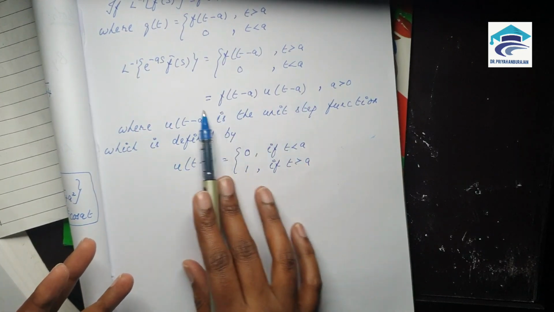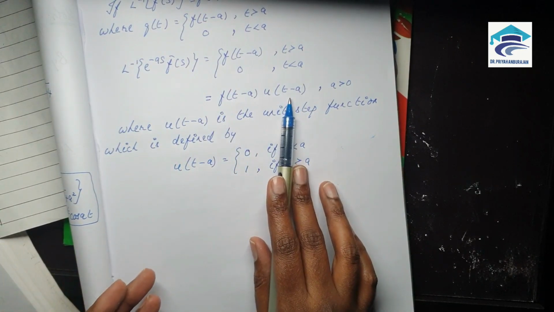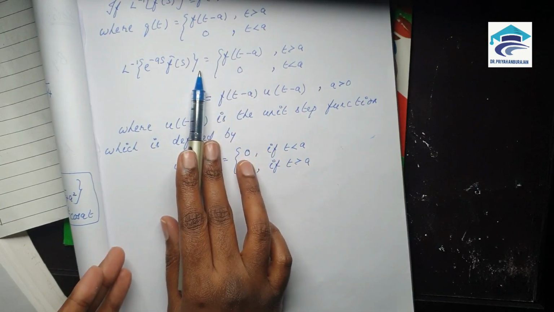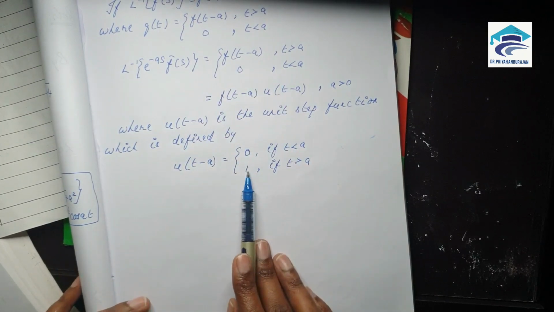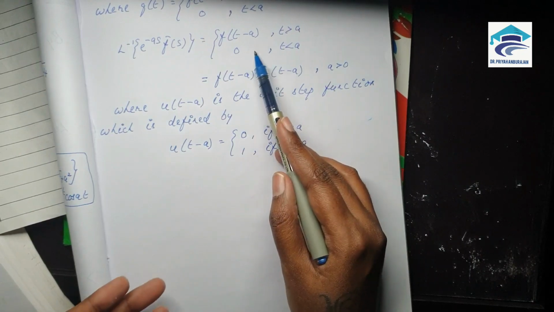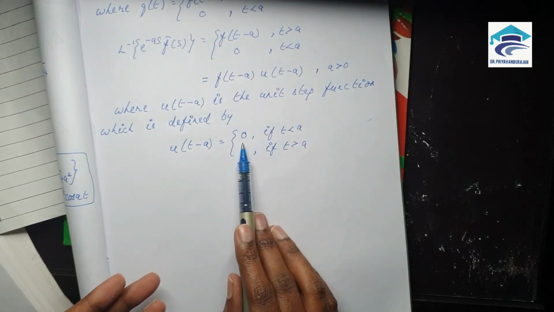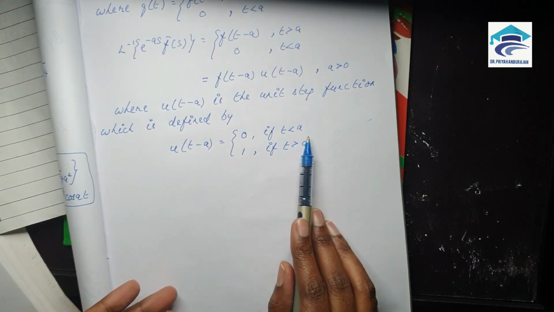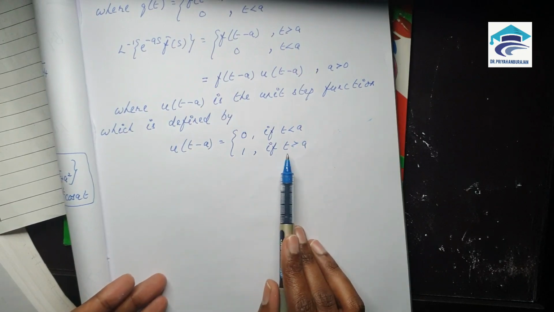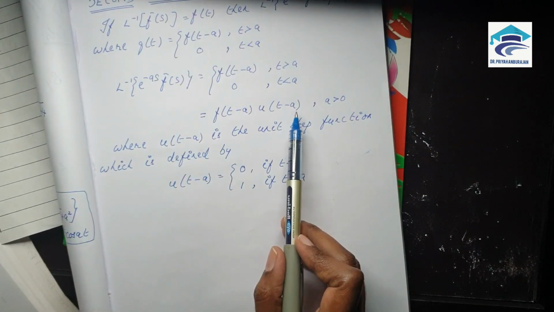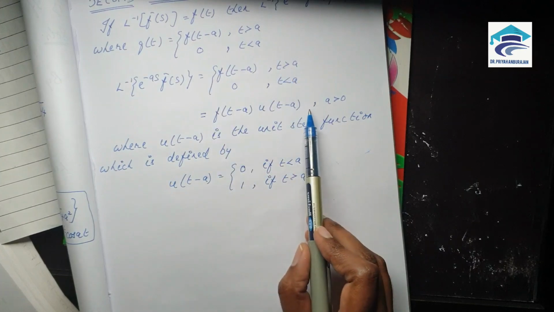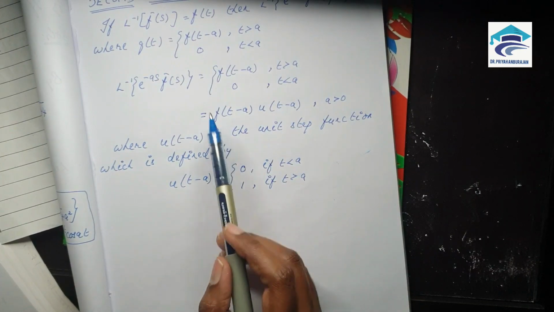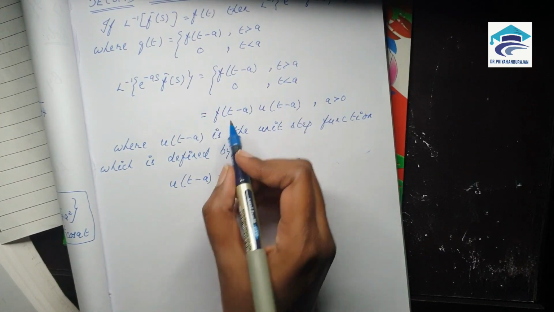In order to make my formula simple, I am using this unit step function. I am taking f of t minus a outside and using this function. So these two formulas are the same. We are going to use this formula for solving the problems.